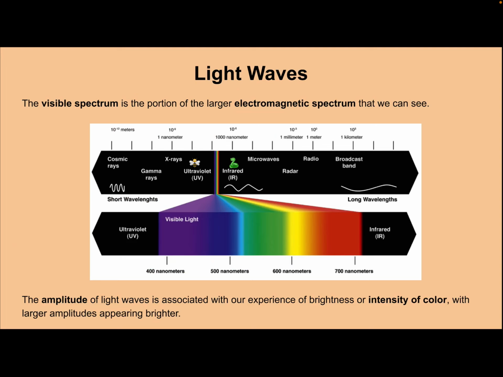As human beings, we can see what's called the visible spectrum, and it ranges from purple to red. And as I mentioned earlier, the amplitude of our light waves is how bright or intense the color is, whereas the wavelength tells us what the color is. So amplitude is brightness, wavelength is color.